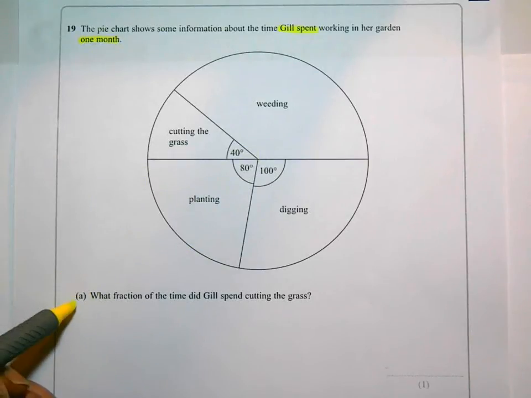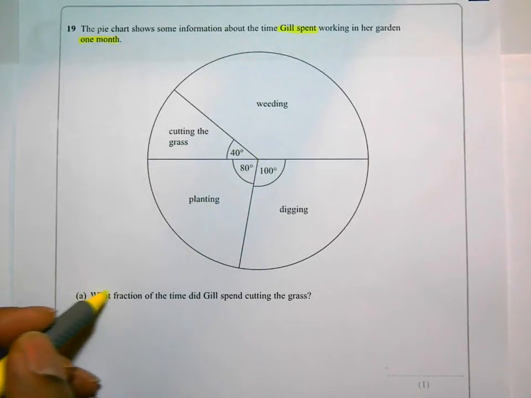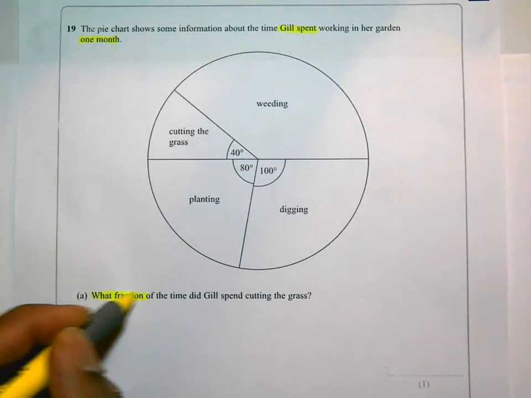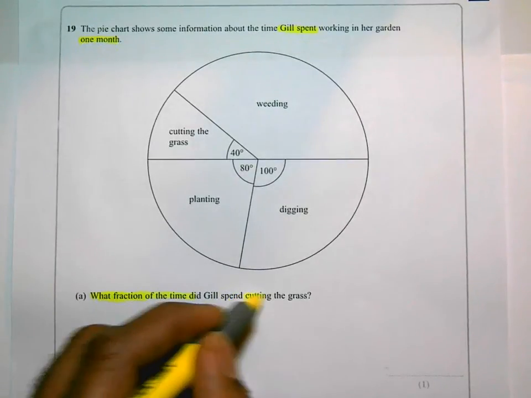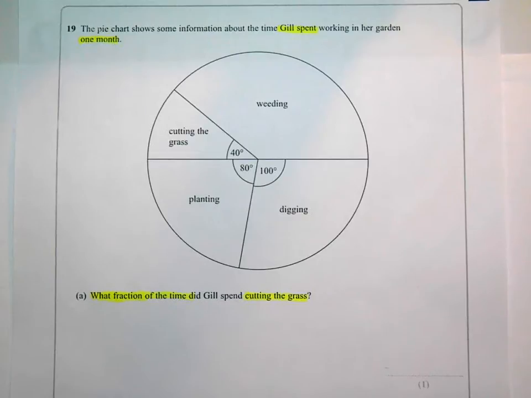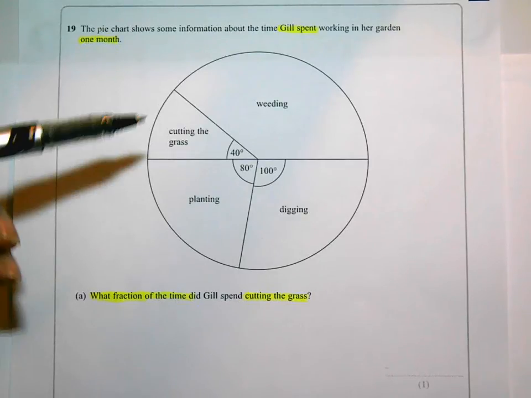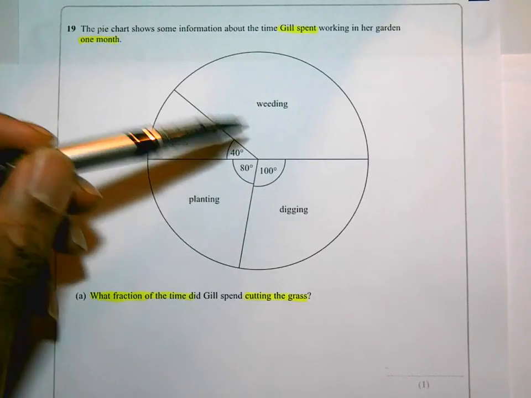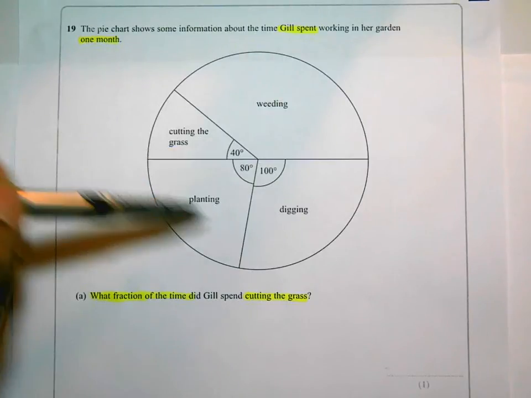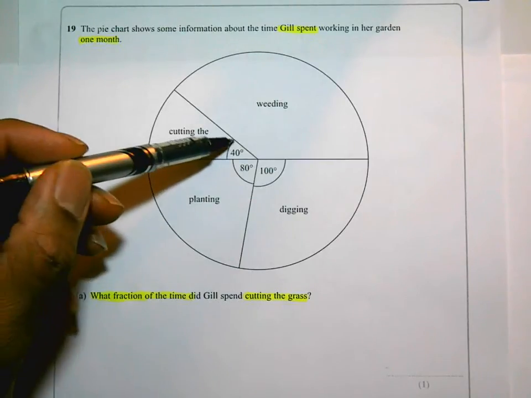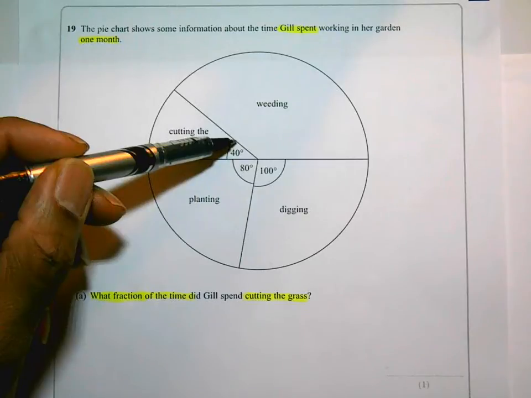Part A. What fraction of time did Jill spend cutting grass? So, what fraction of time? The fraction of time is going to be the same as the fraction of the whole pie chart. And for cutting grass, that was 40 degrees.